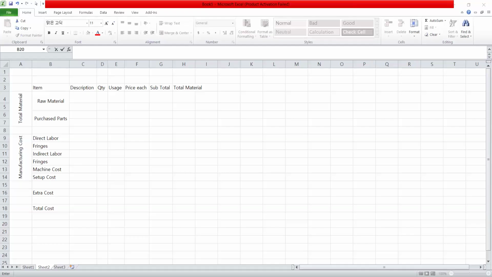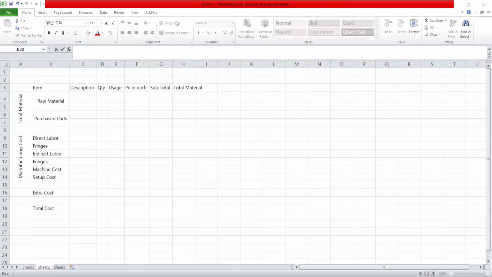Can you see this bracket and four screws? No, I think we still see the same. You started with the raw material, purchase parts. Okay, so let me share.